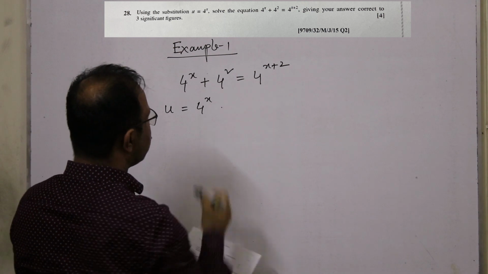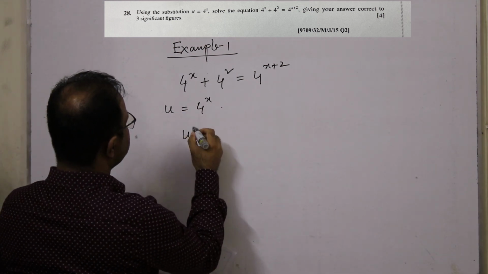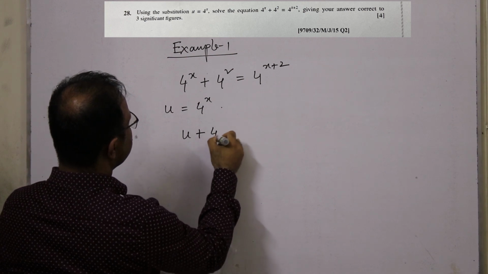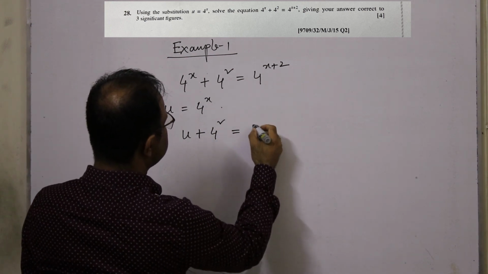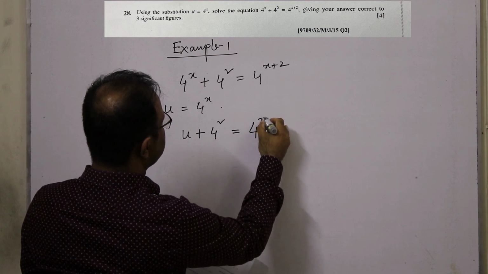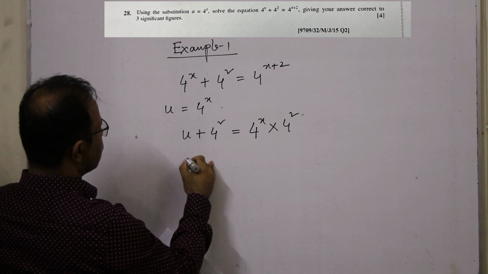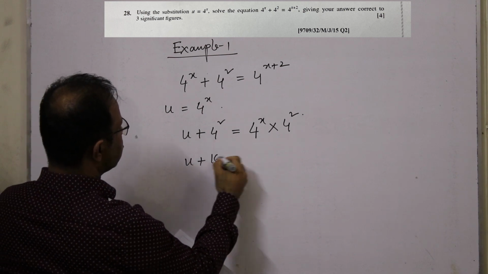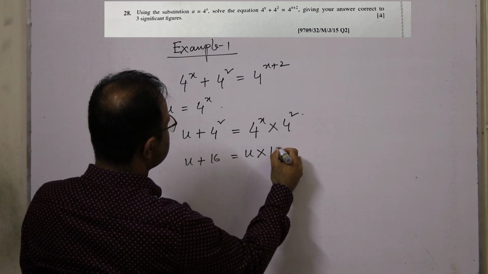So now this equation can be rewritten. We can write 4 to the power x plus 2 as 4 to the power x times 4 squared. So u plus 16 equals u times 16.